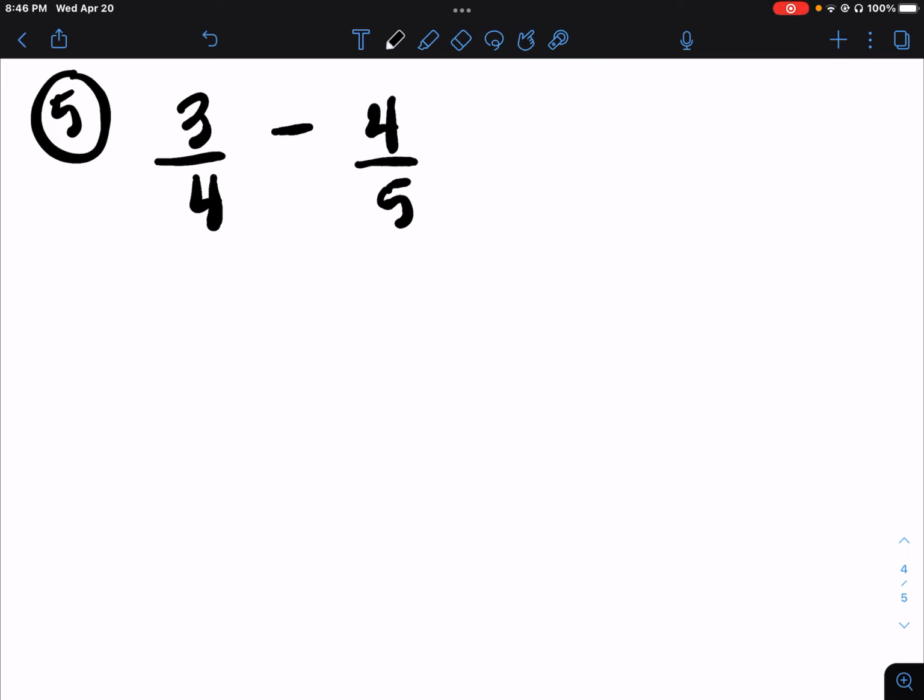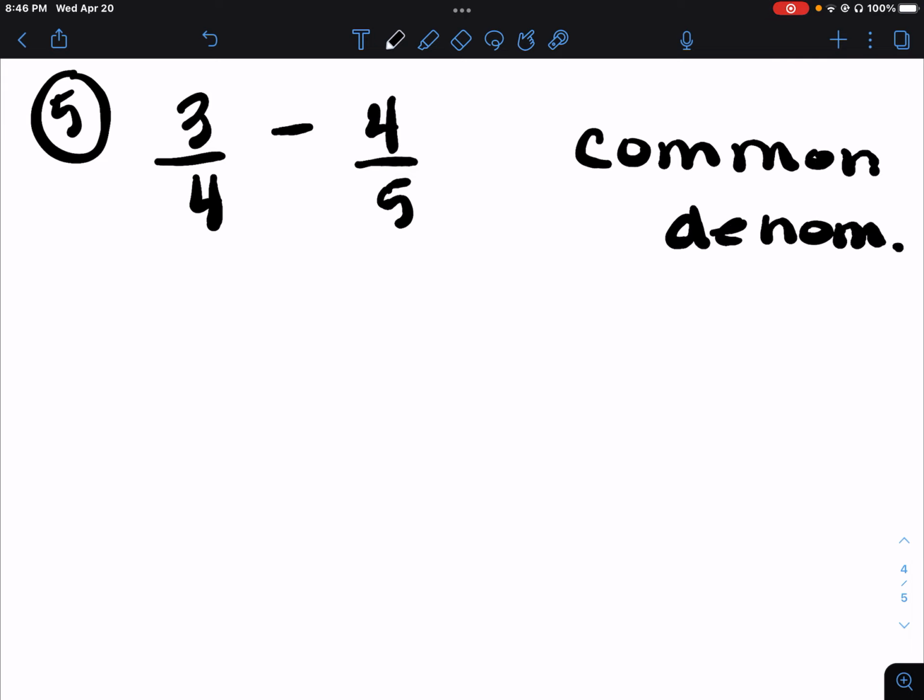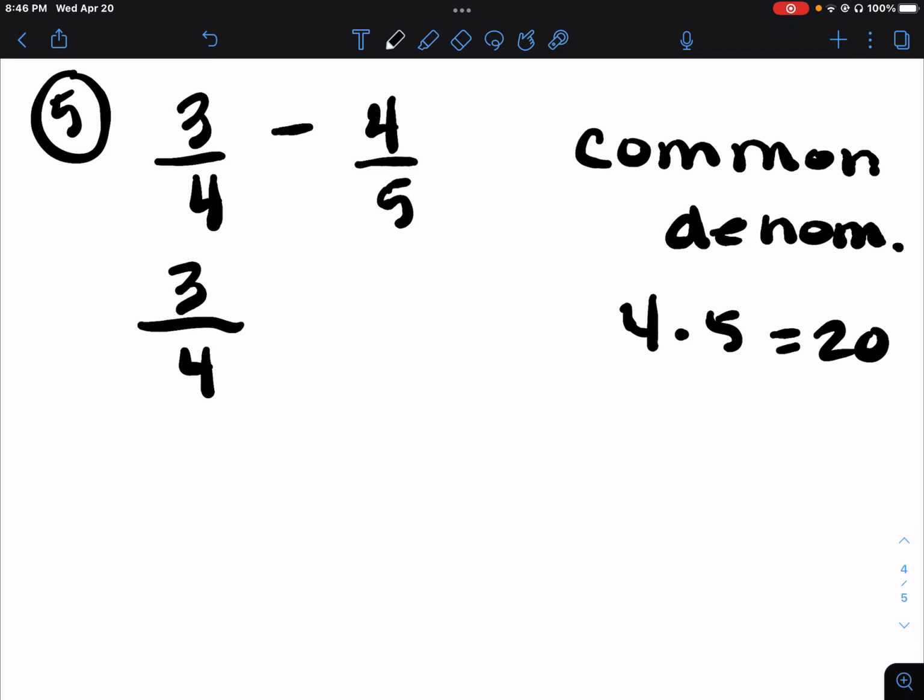Okay, number 5, subtract. We need a common denominator. Okay, 4 times 5 is 20. So we're going to multiply each of those so they both have 20.